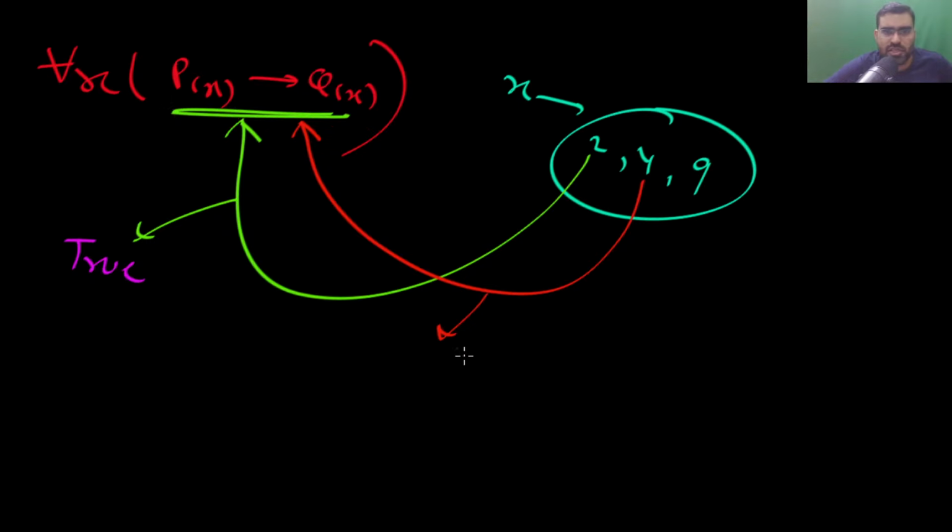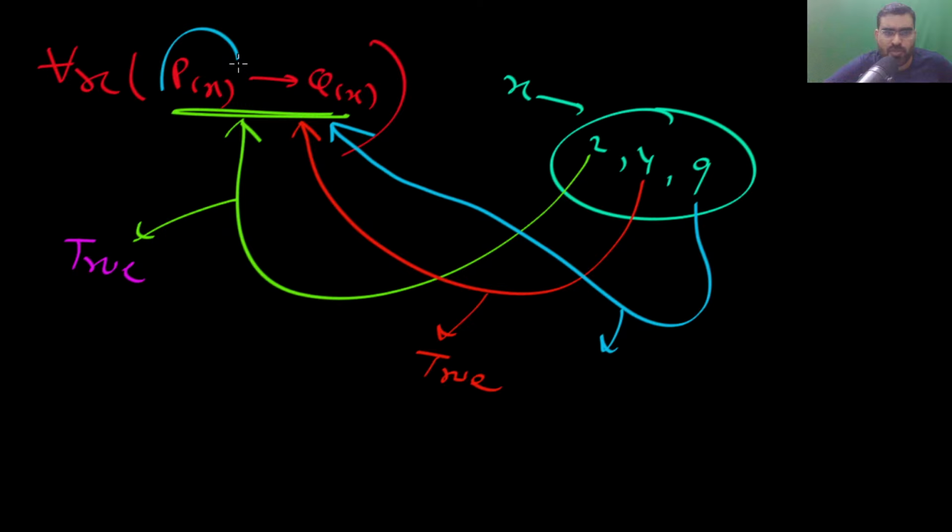False implies true, that is true. So for this also it will be true. And what about this one? 9 is not prime, so this will be false. 9 is not even, so this is also false. So definitely it will be false implies false. This is also true. So for everyone this is true, right?